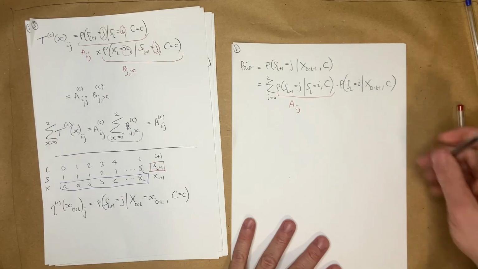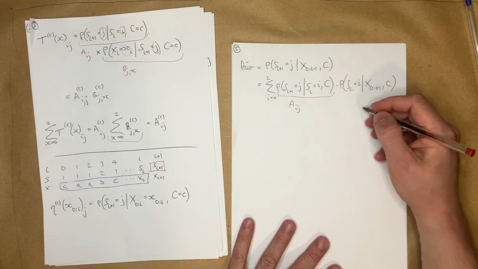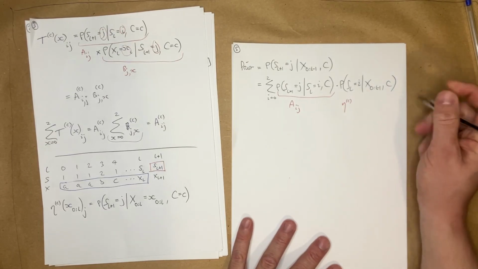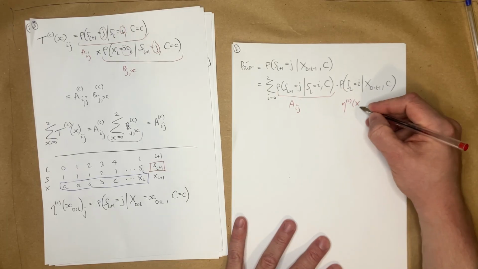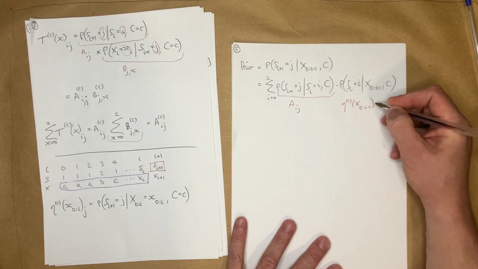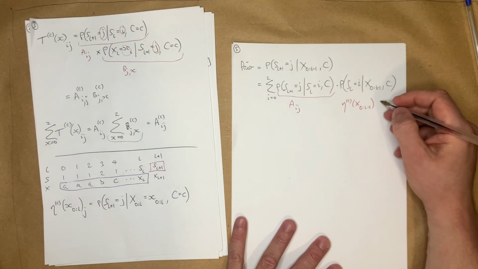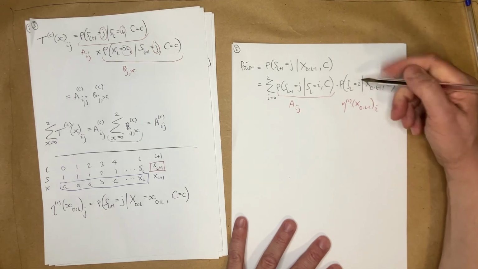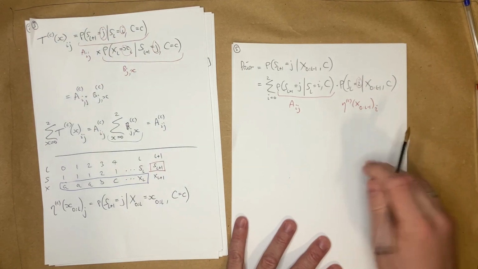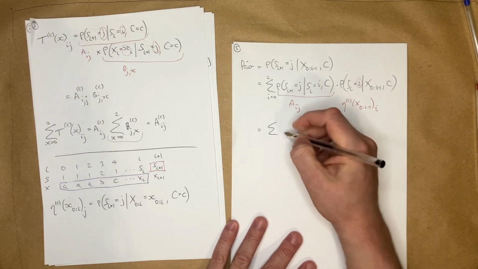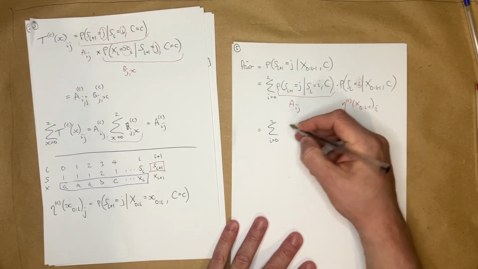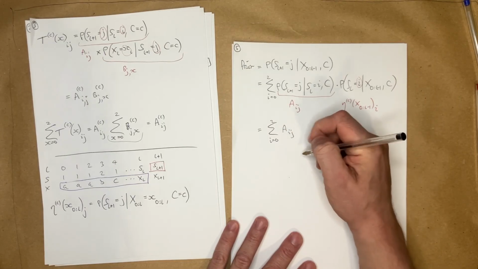Yeah, so this is eta C of x from 0 to L minus 1. And it has an index I because we have this I here. And so I can write it as the sum from I equals 0 to 2 of quantity Aij.